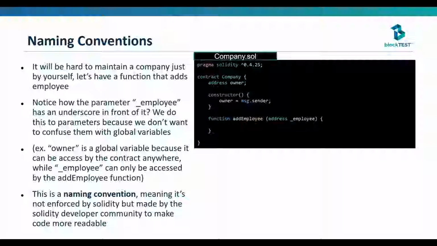But you might notice there is an underscore in front of employee. This is just a naming convention, and it is generally used to differentiate it from global variables such as owner, which you can see right inside the company contract. In order for us not to be confused with these different kinds of variables, we want to use an underscore for the parameters that are used inside the function.